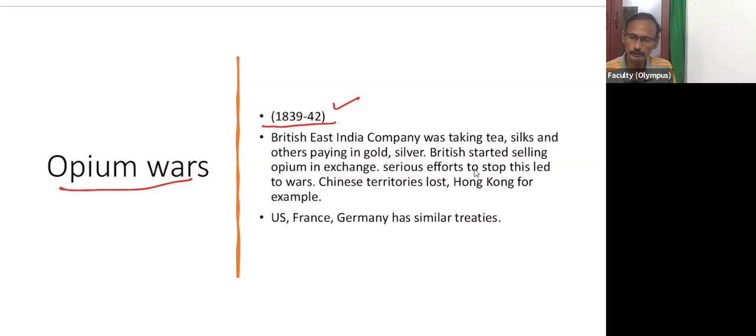These wars took place over trade. The British East India Company was taking tea, silks, and other goods, but paying in gold and silver. China was not importing anything from the British East India Company, so China had to pay in gold and silver, and surely not enough gold and silver. So they started selling opium in exchange.